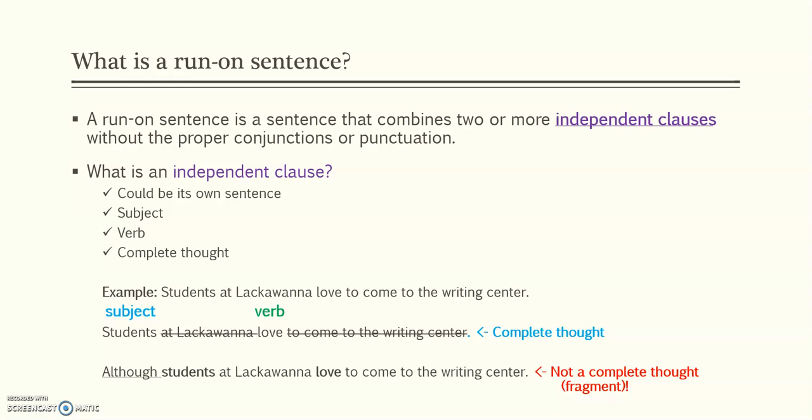So if you look when we add that word although to our exact same sentence, it becomes a fragment which changes the rules, as we'll see in a different slide. If you were to read this, it would sound like, although students at Lackawanna love to come to the Writing Center, and then it leads the reader to believe that there should be more text after that. So that changes the rules, and again, we'll see that in another slide.